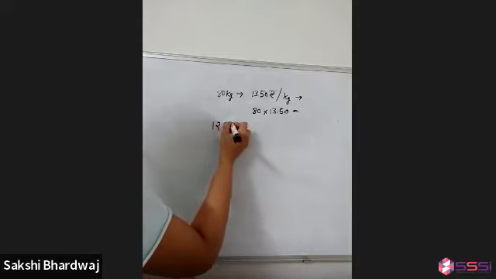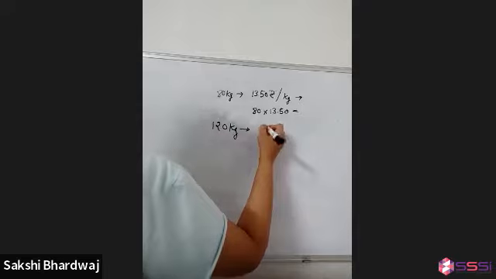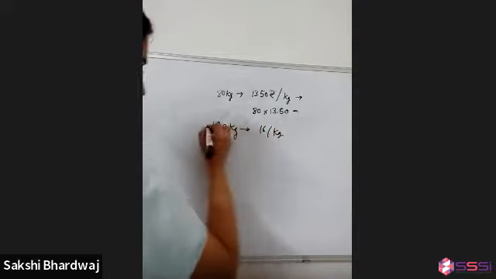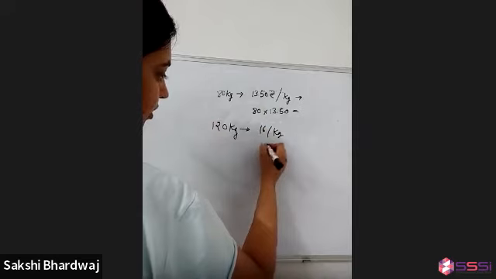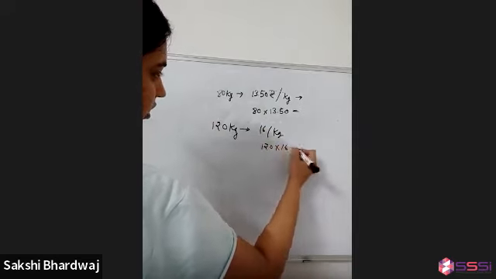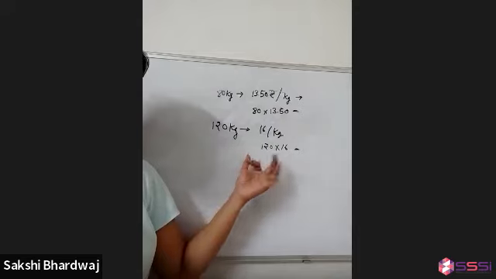Again sugar, 120 kg at the rate of 16 per kg. So the total of the second type of sugar is 120 into 16. Tell me.